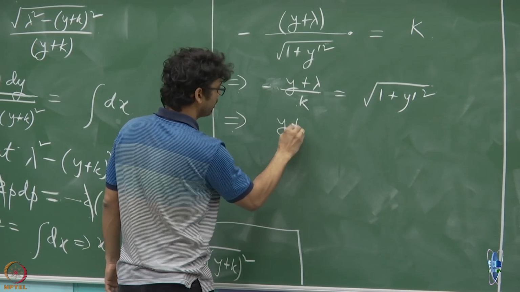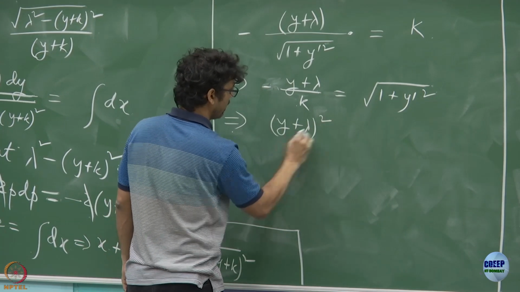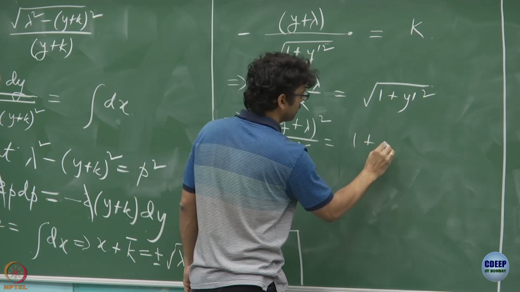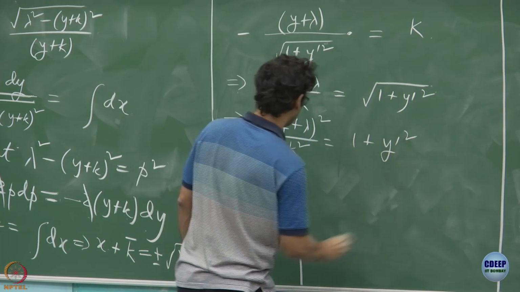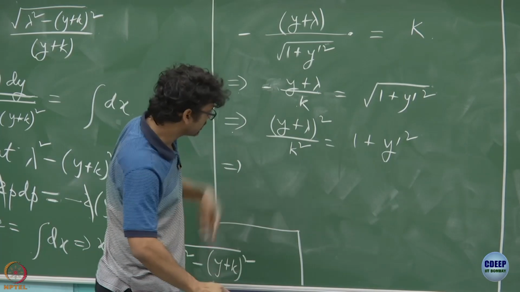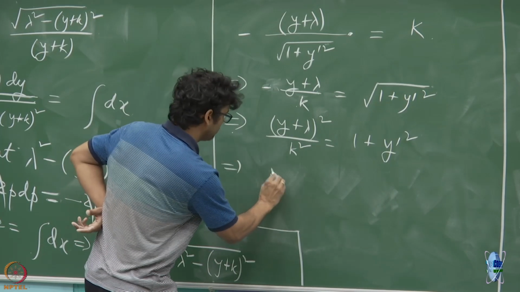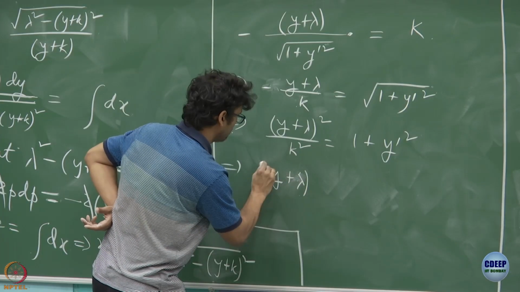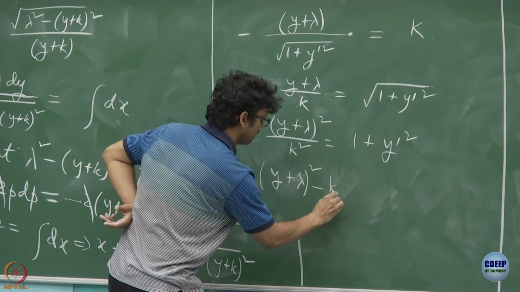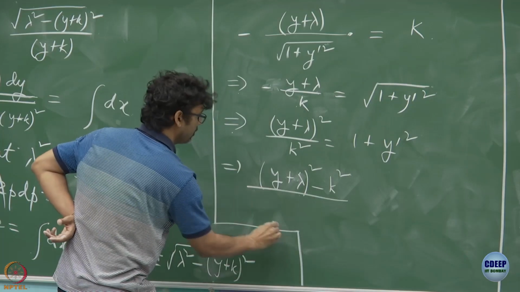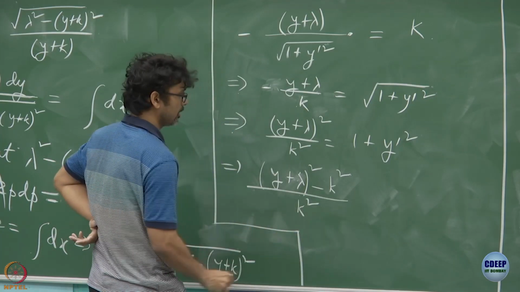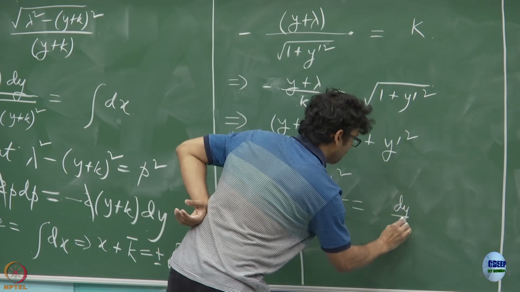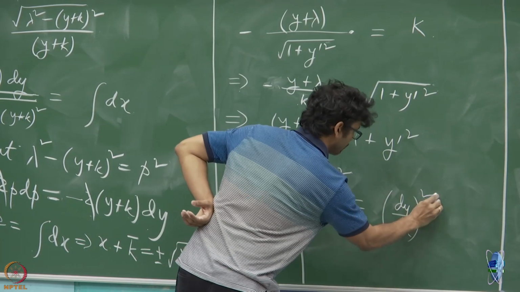So you get (y plus lambda) whole squared upon k squared is equal to 1 plus y prime squared. Once again, take the 1 on the other side, subtract 1 from both sides. So you get (y plus lambda) whole squared minus k squared divided by k squared is equal to (dy/dx) whole squared, right.